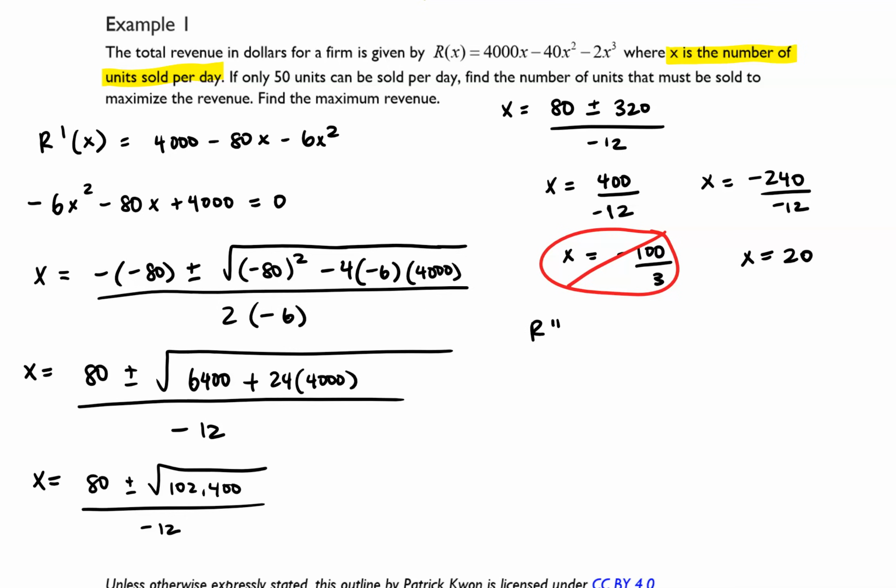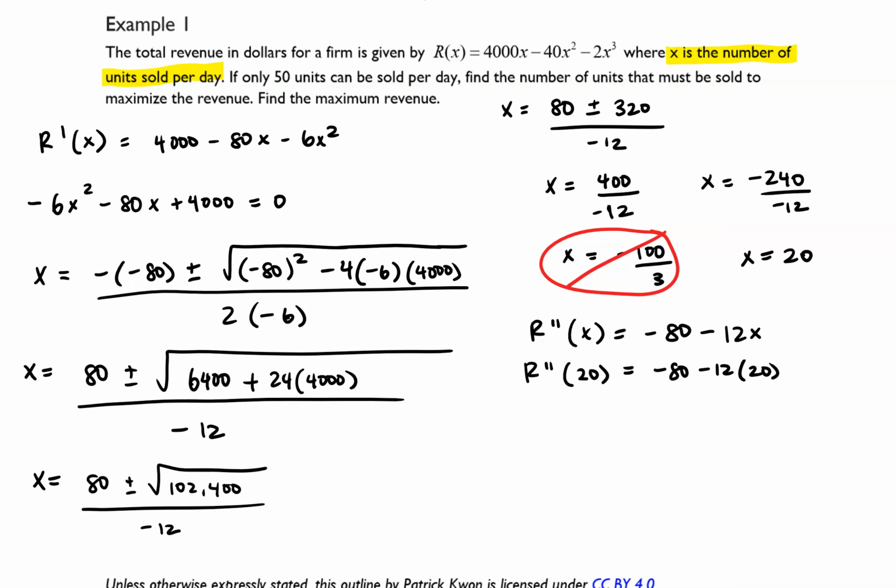So what we can do is use the second derivative test. So first we need to find the second derivative, and that gives us negative 80 minus 12x. And so if we evaluate r double prime of 20, we get negative 80 minus 12 times 20.